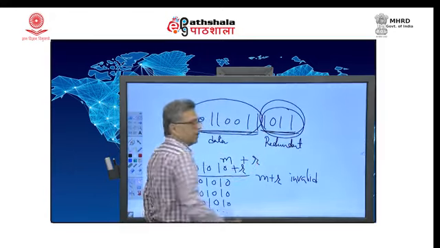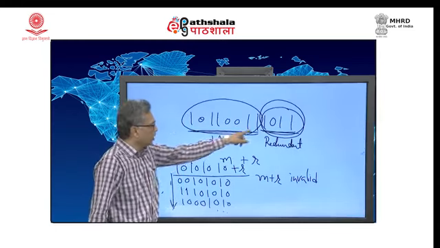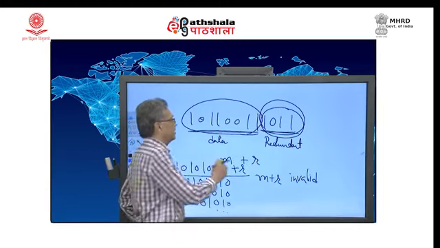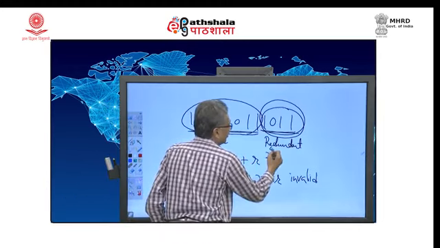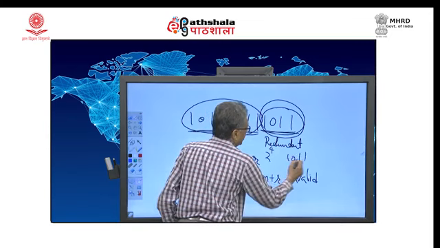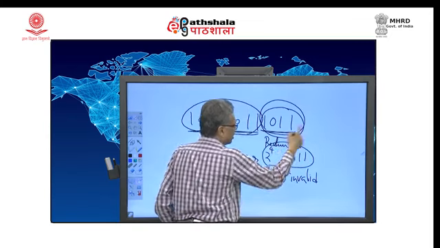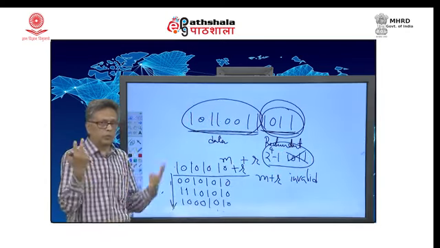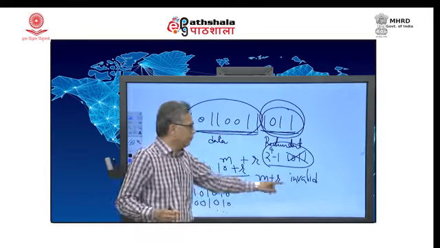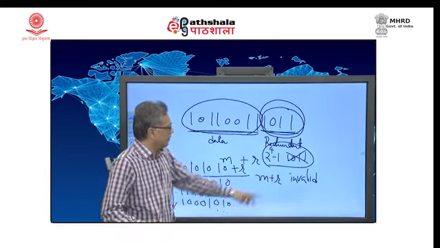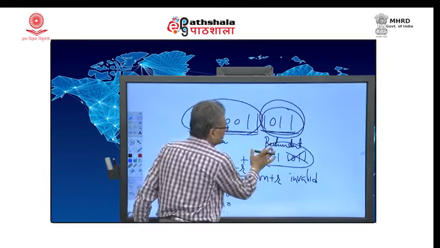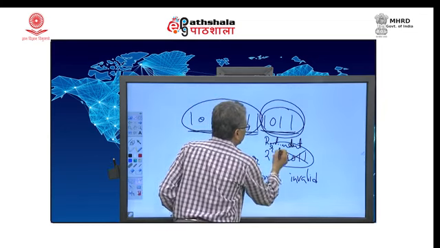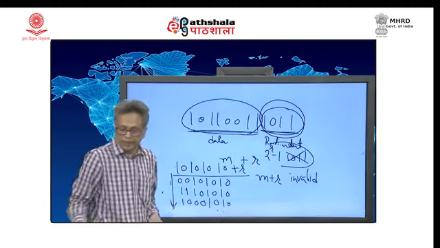If I am using a 4-bit value here, okay, only 1011 is correct, other values are incorrect. What does that mean? That means that out of 2 raised to 4 total values, only 1011 is valid. Okay. Others, 2 raised to 4 minus 1 values, are invalid. Now, we have two things: we want minimum m plus r invalid values and maximum value that we have is 2 raised to r minus 1, where r is number of redundant bits.